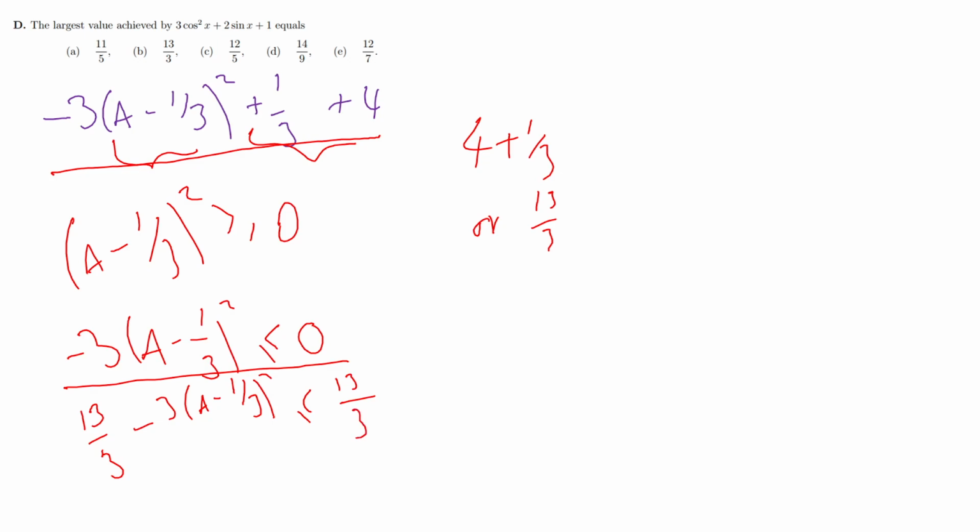We can now say that this can only be 13/3 and less, because we're taking away 3 lots of something that can be at the smallest 0. So after 13/3, it will only get smaller. So we know our maximum value now. Our maximum value is 13/3, and 13/3 is option B. So we know our answer is B.